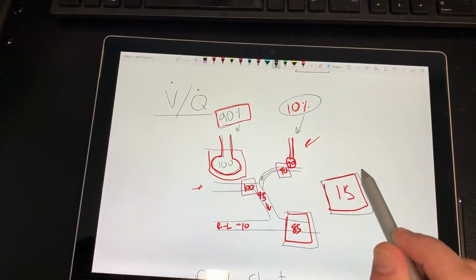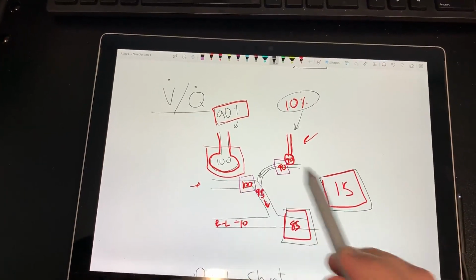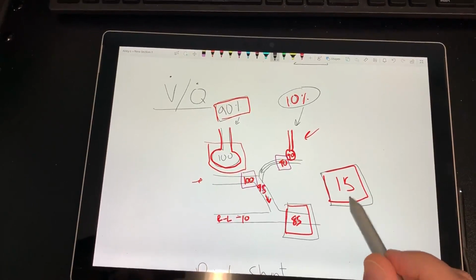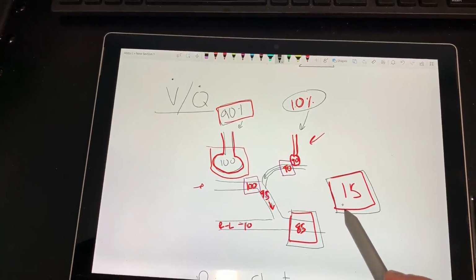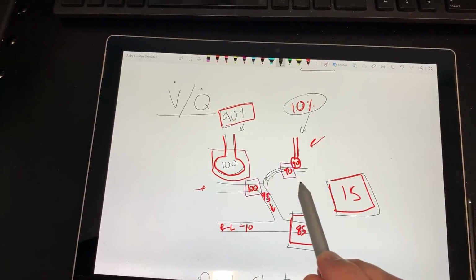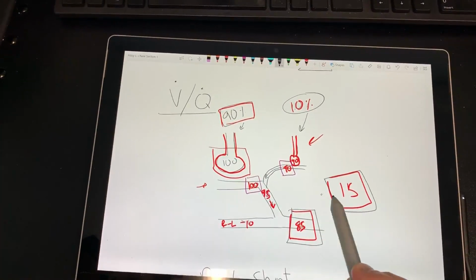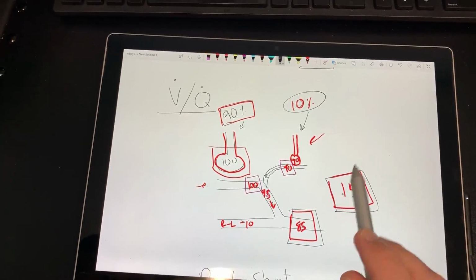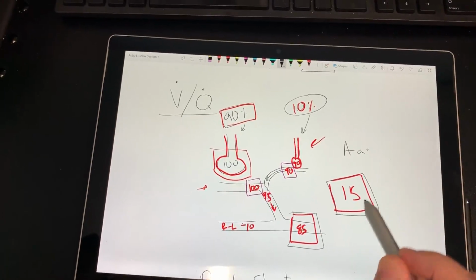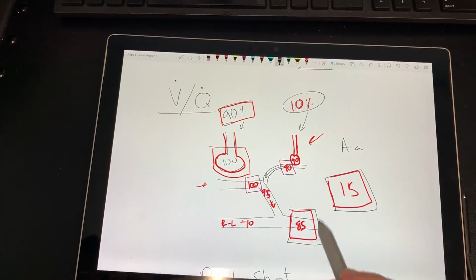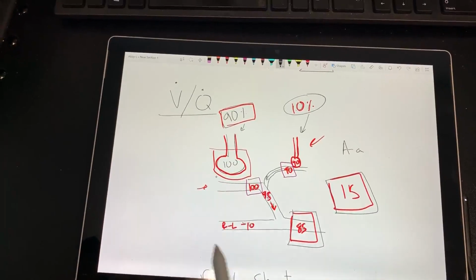But either way, whatever numbers you use, it will increase the alveolar to arterial AA gradient. That's the difference between the alveolar and the arterial. So we got 85 down here for the arterial, and the alveolar is 100 up there.